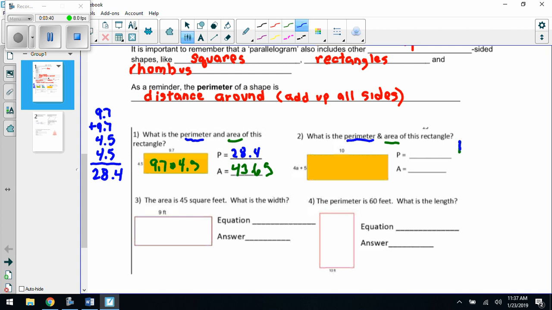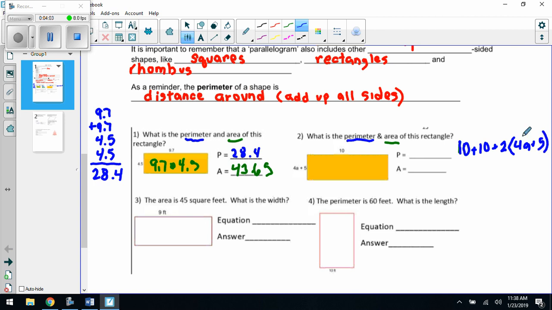Let me put it in blue. 10 plus 10, because those are the two bases, and the height is 4a plus 5, so we're going to add that 2 times. Another way to write that would be plus 2 of them. So I'm going to multiply 2 by 4a plus 5.